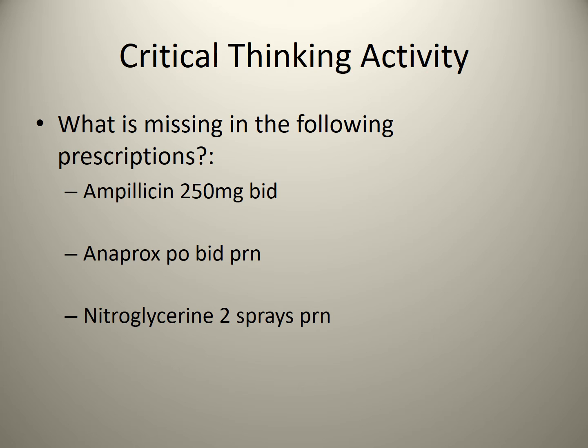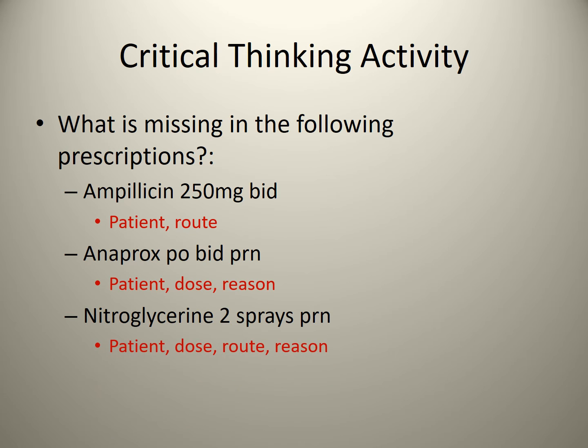So here's another critical thinking activity. What is missing in the following prescriptions? Ampicillin 250 milligrams BID. There's no patient, there's no route. Anaprox, PO, BID, PRN. No patient, no dose, no reason. Nitroglycerin 2 sprays PRN.